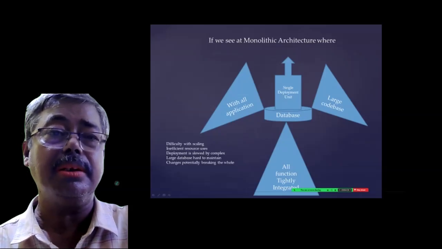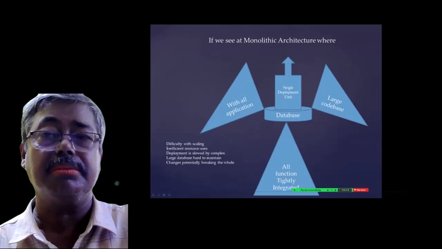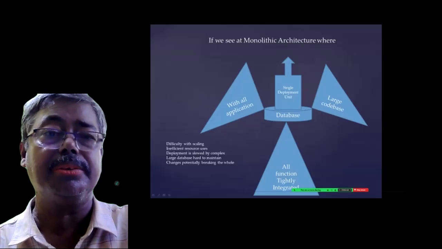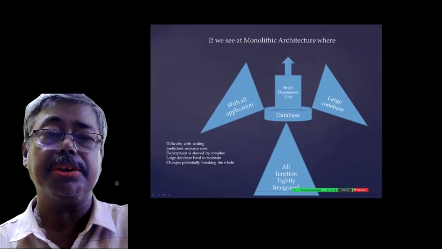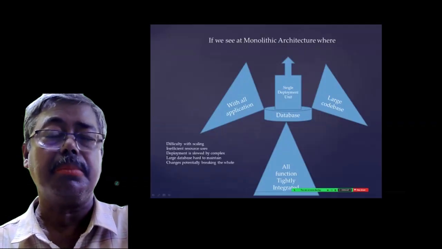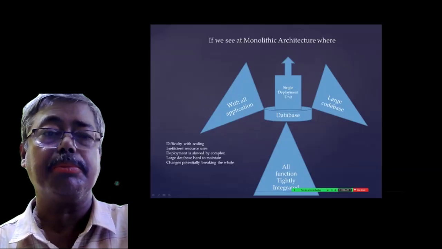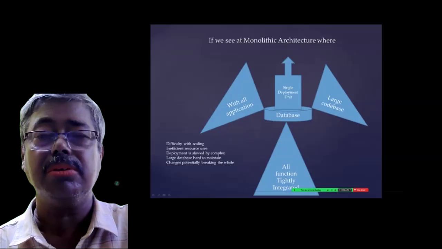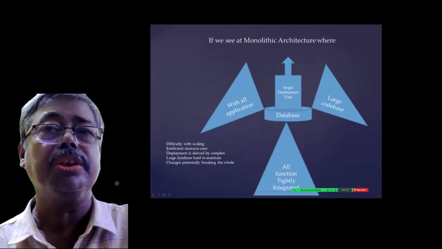What is the difficulty? Difficulty with scaling. To increase the server capacity was very difficult. Inefficient resource use. Deployment is slowed by complexity. Large database hard to maintain. Changes potentially breaking the whole. This was the limitation of the monolithic architecture.